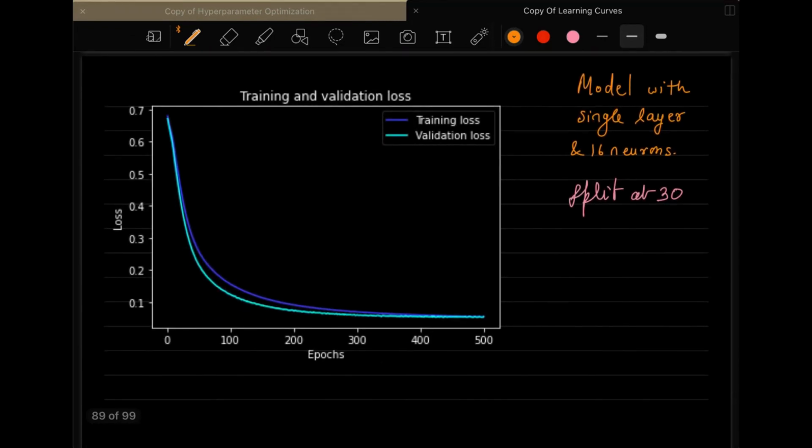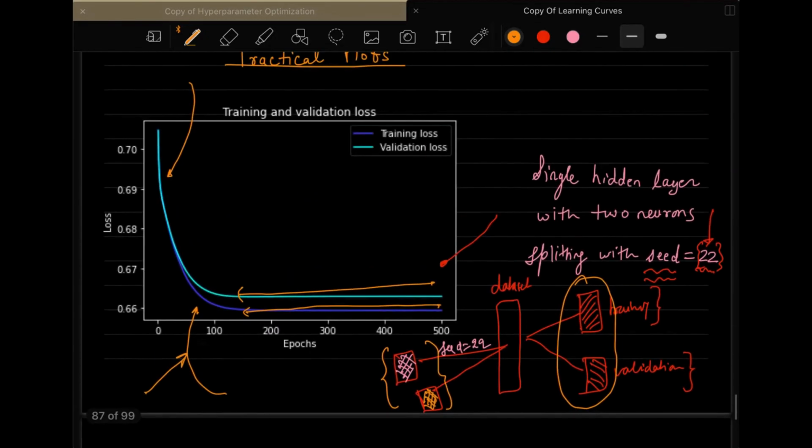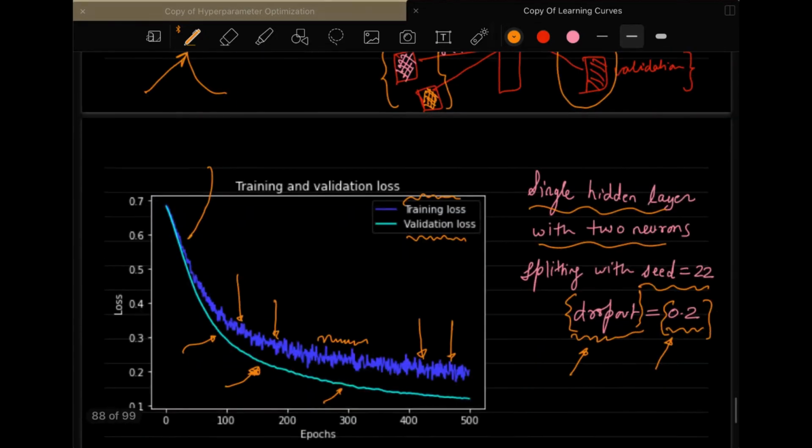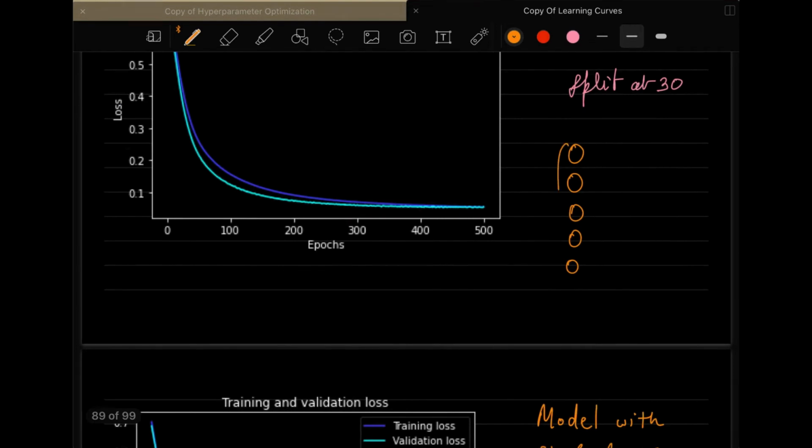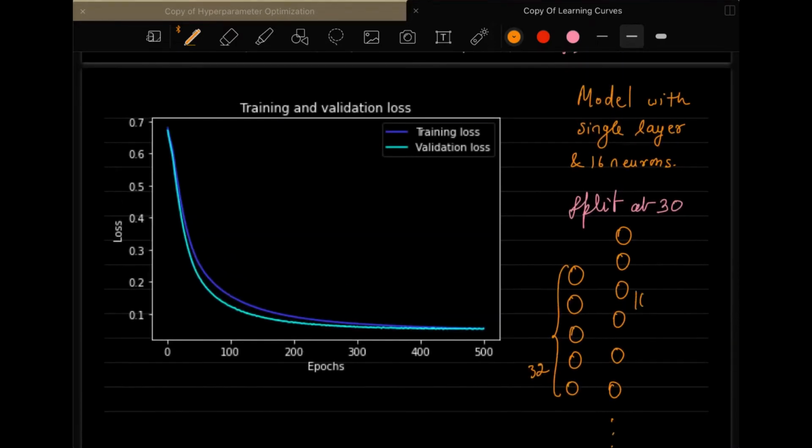Okay, so this is again doing the same thing. The input layer is already there, with input dimension 32, so we have these 32 neurons, but now I have increased the hidden layer to 16 neurons.